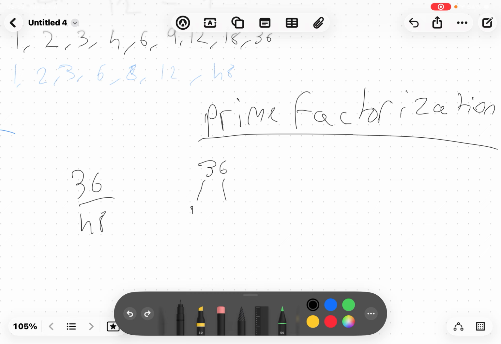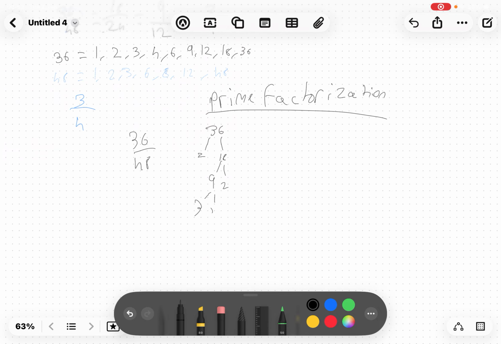No, let's actually do it differently. Let's do it with the 2. 2 times 18, yep. And then 9 times 2, and then 3, 3. Now 48: 12, 4, 4, 3, 2, 2.